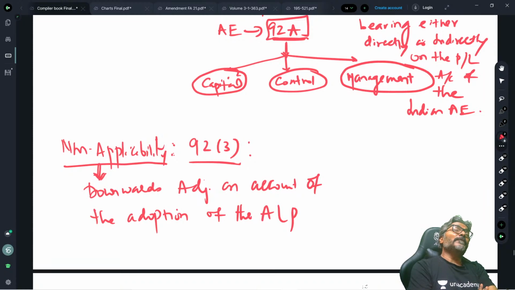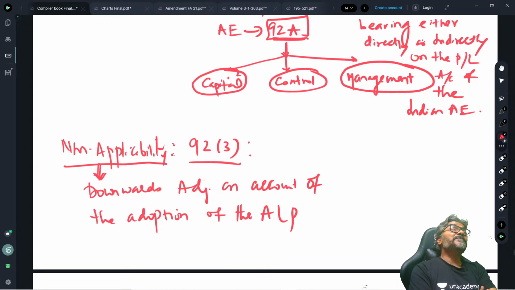So if I adopt the ALP, then my loss will increase, or the profit which I have shown in my ROI gets further reduced, which implies that whatever tax I may have paid, I may become eligible for refund on adoption of the ALP.